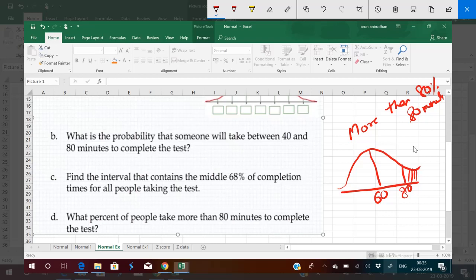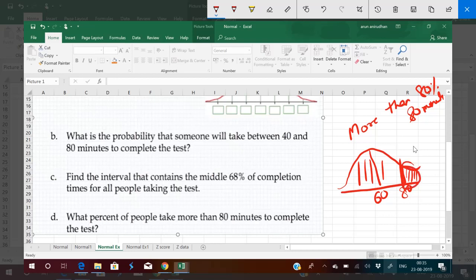Okay, so we find the probability value till here and subtract. I forgot to tell you one thing. The area under this curve will be 1. So if you get this area, you can subtract it from 1, you will get this area.